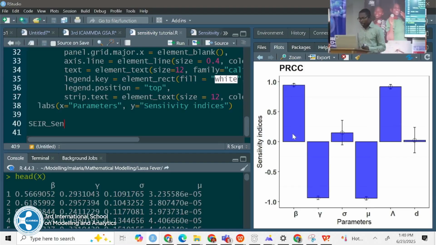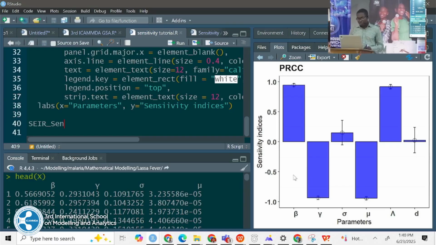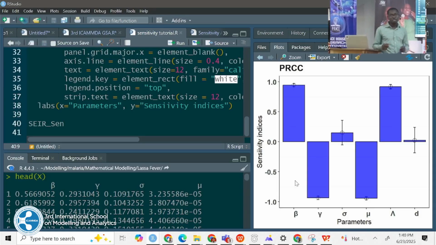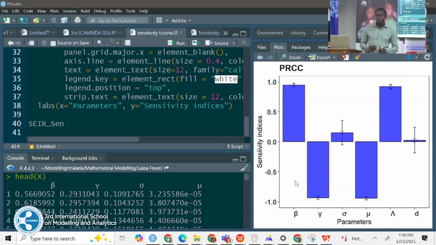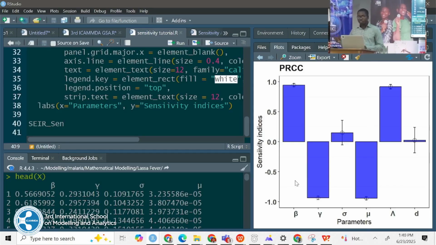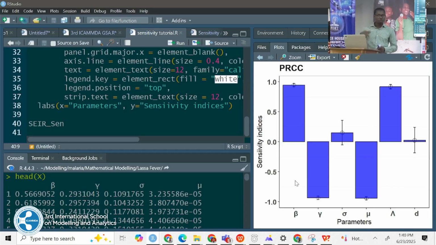Then for gamma, is it a sensitive parameter or not? Strong correlation. There's a strong, but it's a negative one. So it's an inverse relationship. If we increase gamma, what happens to R naught? It will decrease. So it's an inverse correlation. But it's a very strong one.